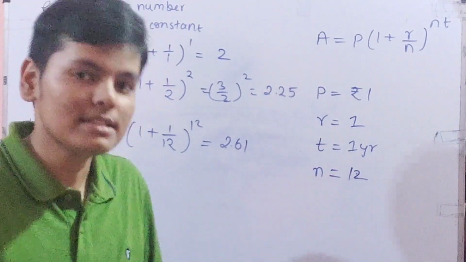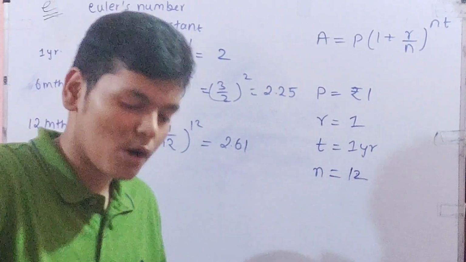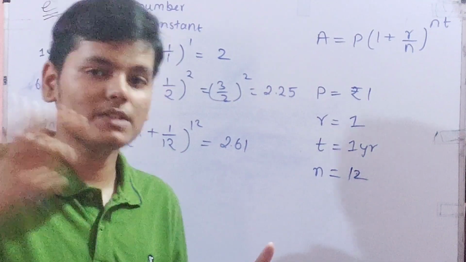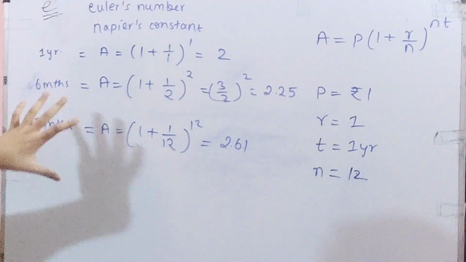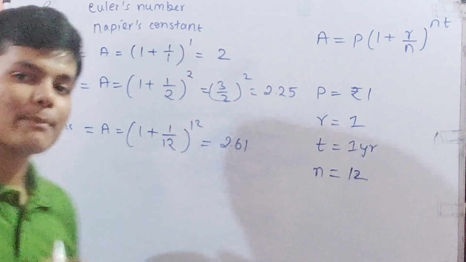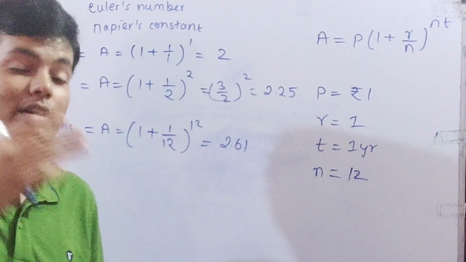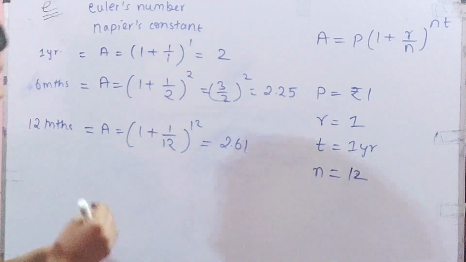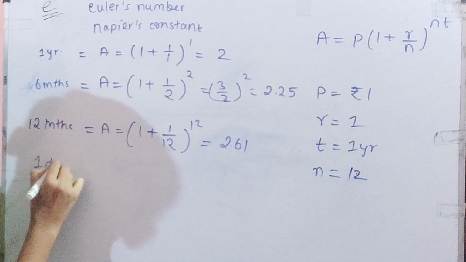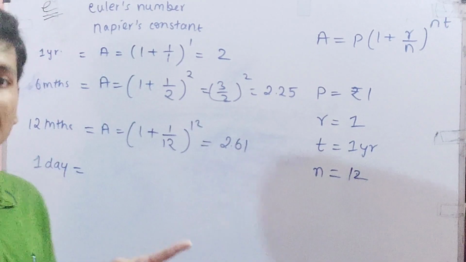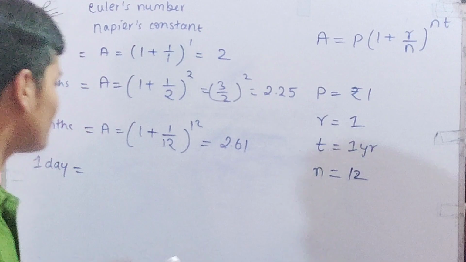Same 100%, the same duration of 1 year, but we are compounding it multiple times. Every month we are calculating the same interest. Then let us suppose the bank generates the compound interest every single day. So each day it is calculating the compound interest for that same 1 rupee.